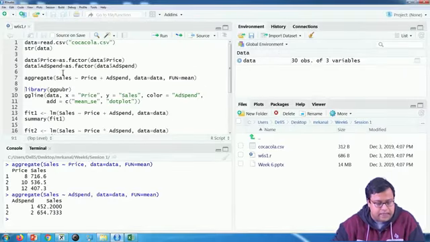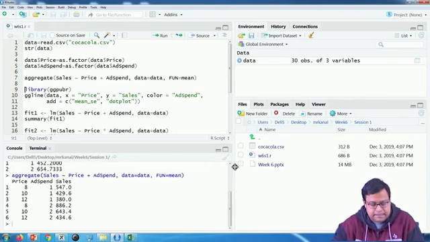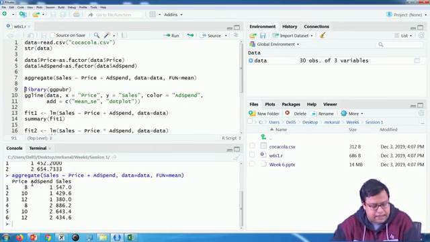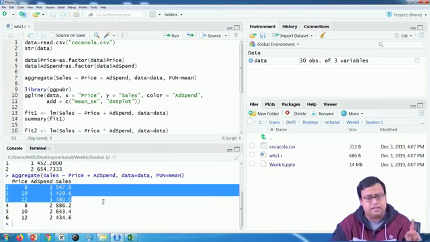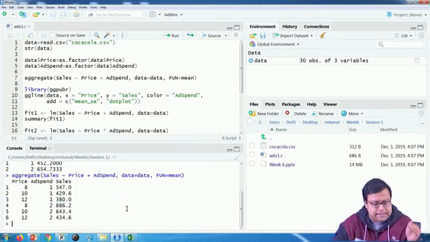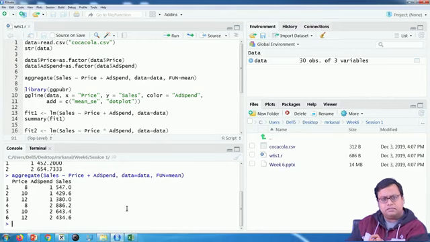Next, I just run the aggregate with price and ad spend both, and I see another interesting picture. If the ad spend is 1, from price 8 to 12 the sales is going down. For the first 3 cases, when the advertising expenditure is 1, the sales volume comes down from 547 to 380. That is a drop of around 160 volume.